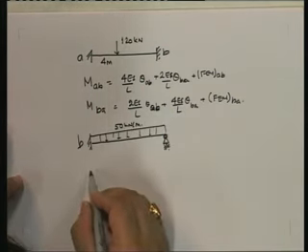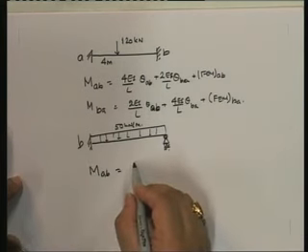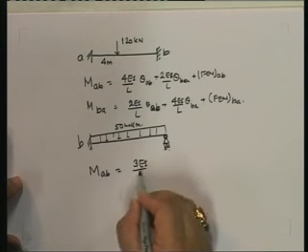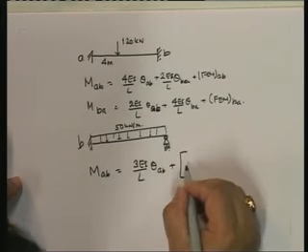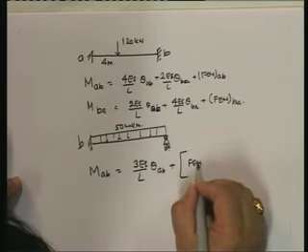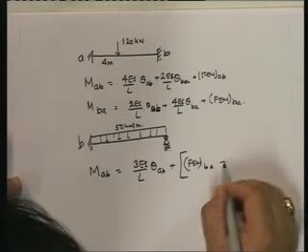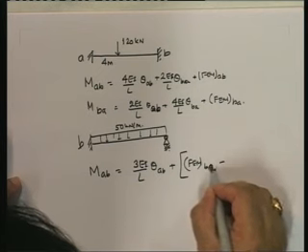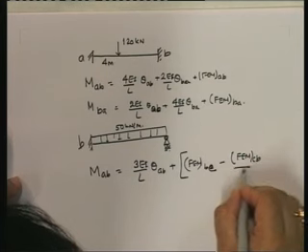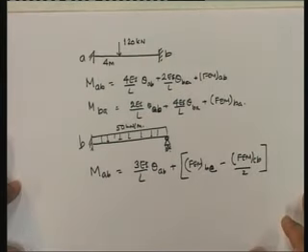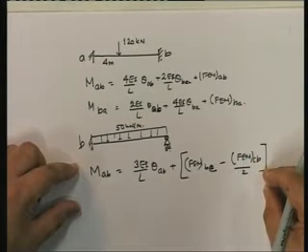So MBC is equal to 3EI upon L theta BC plus, and here I'm going to put down the fixed end moments, the ones I would consider if they were fixed, minus fixed end moment at CB upon 2. So for AB I consider this, for BC I consider this.